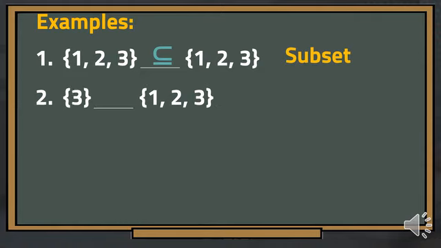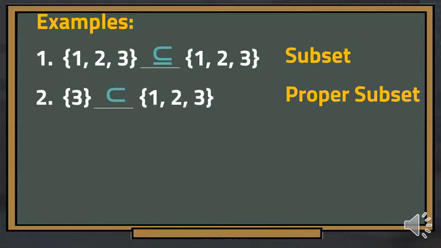Number 2, the set which contains 3 as the element is blank to the set with elements 1, 2, 3. Very good. Proper subset. Since the two sets are not equal, we will be using the proper subset symbol.